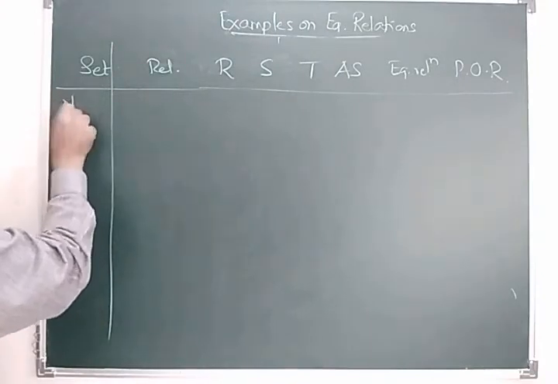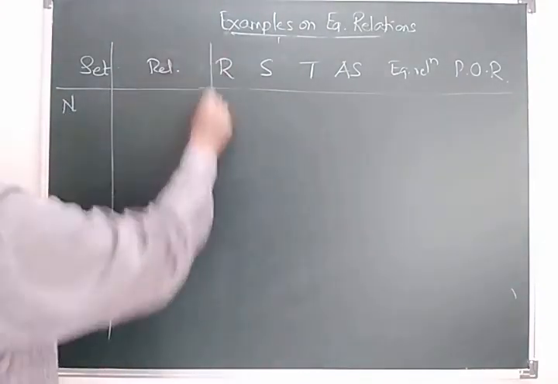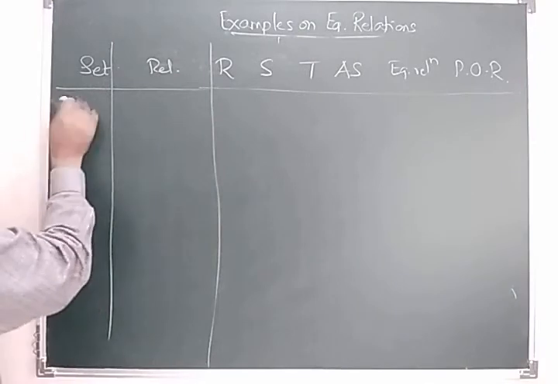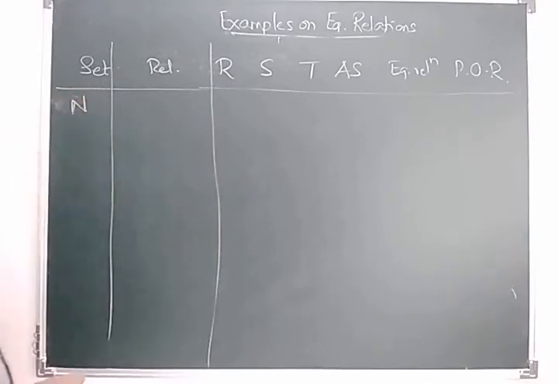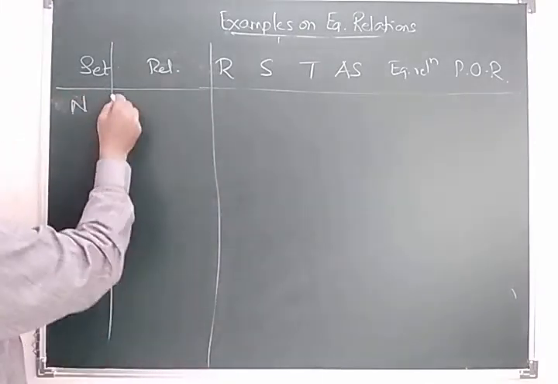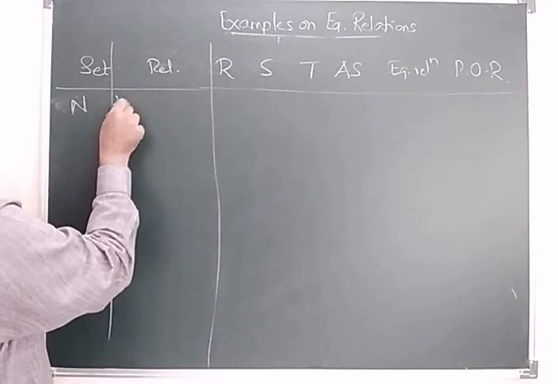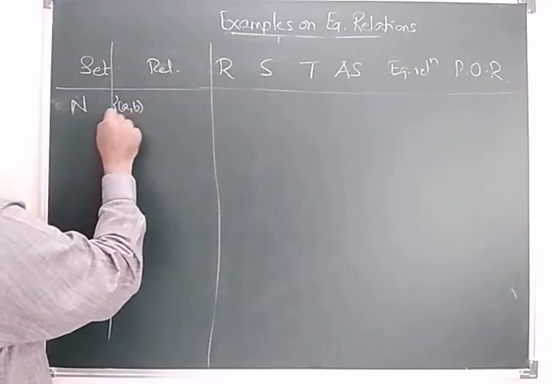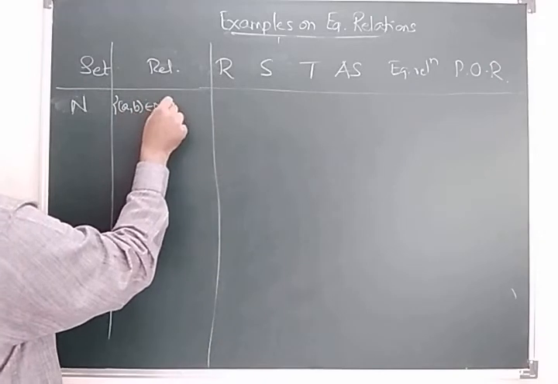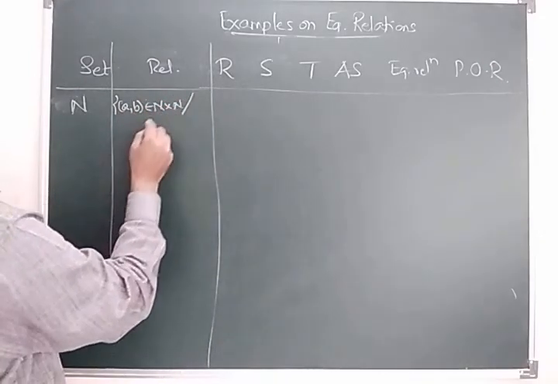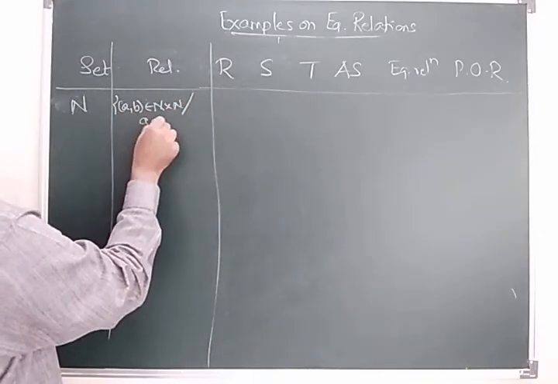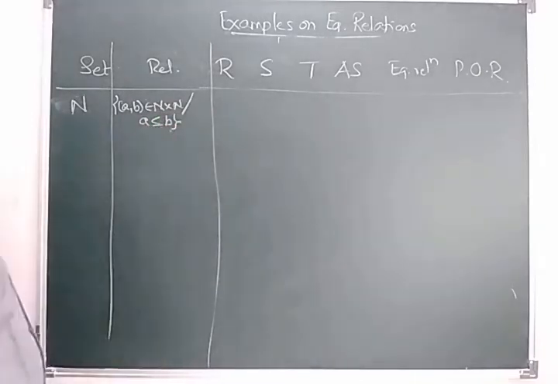N, the set of natural numbers, if I take this one: (a, b) belongs to N cross N such that a is less than or equal to b.